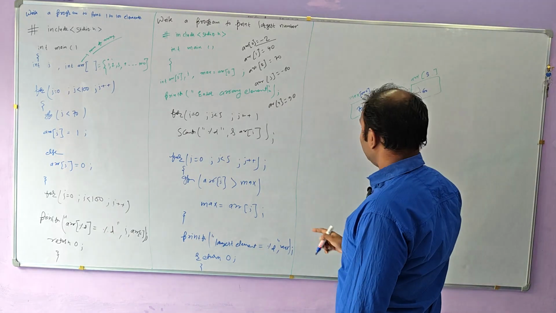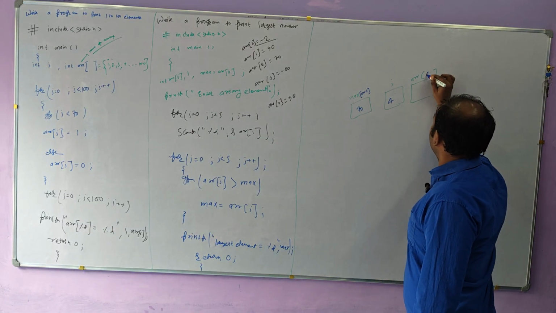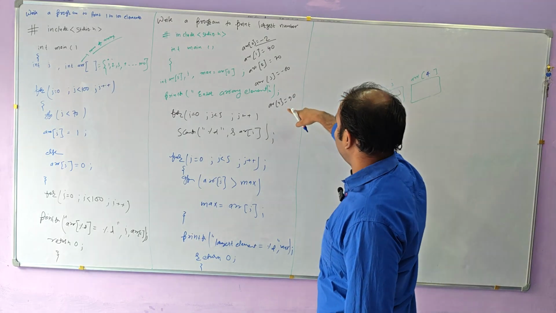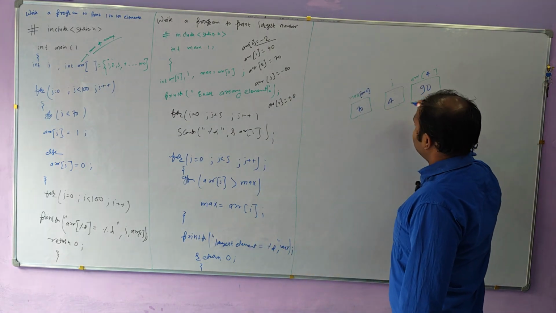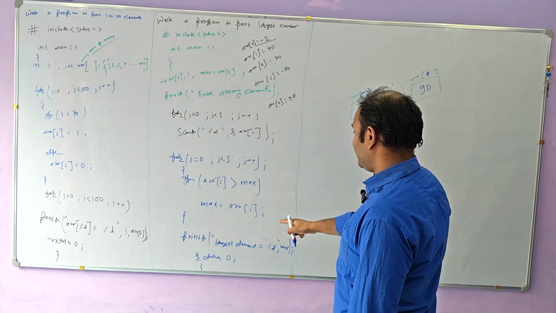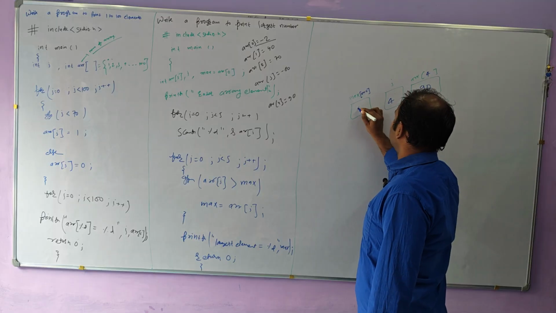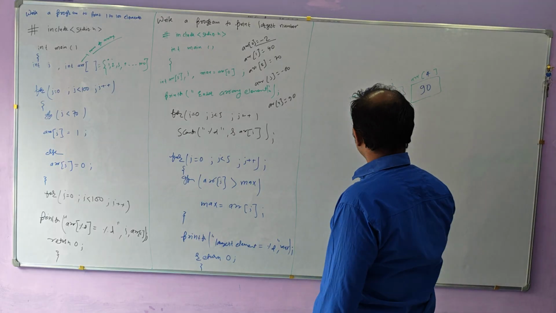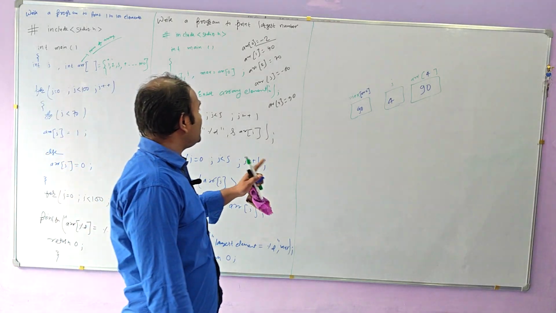AR of 4 is equal to 90. So 90 is greater than 70. Yes, 90 is greater than 70. So max value becomes 90.